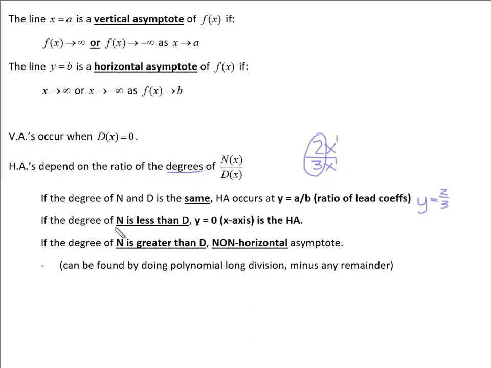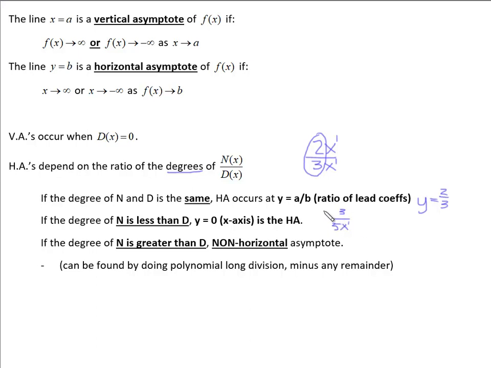Okay. If n is less than d, so d has the higher degree, maybe you have like 3 on top and 5x on bottom. So the degree of the top is actually x to the 0 power, and the bottom is x to the first, so the top is less than the bottom.